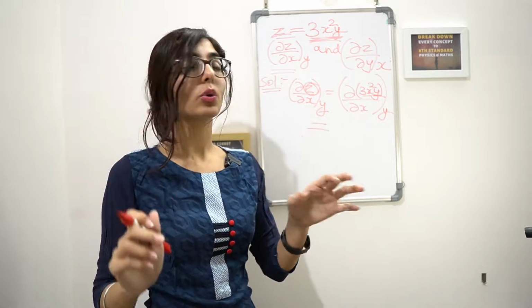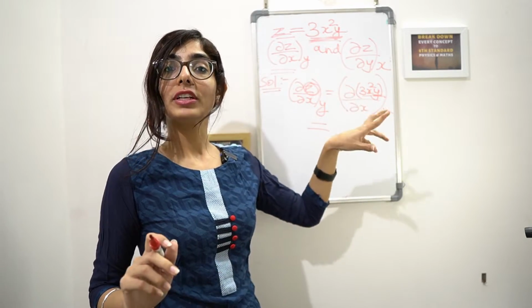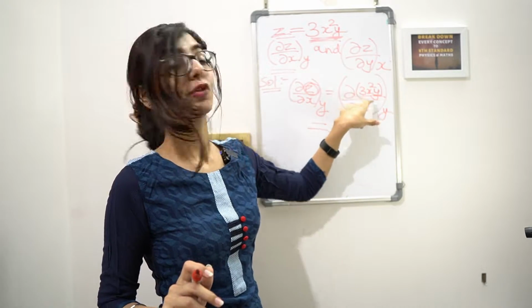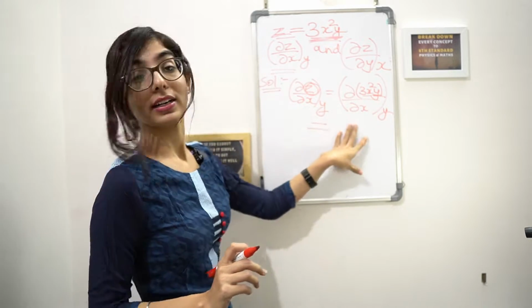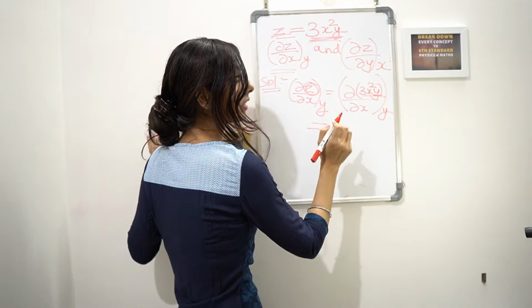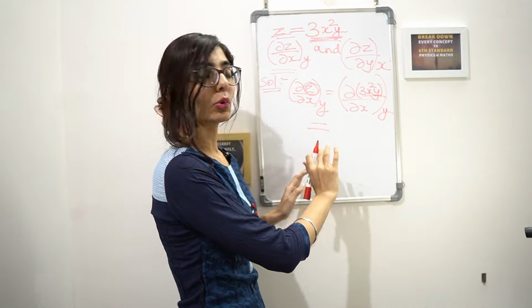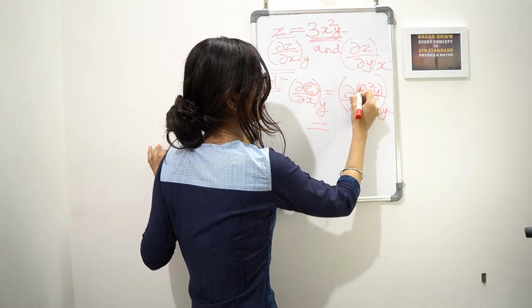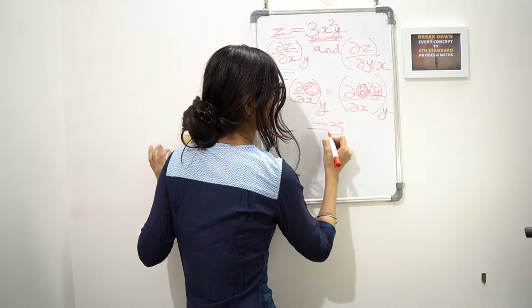Fine. That formula, you know, when we have two variables and we differentiate the multiplication of two variables. But here it doesn't happen. So whatever constants will be there, we'll be taking them out. So 3 is constant, so I'll take it outside.